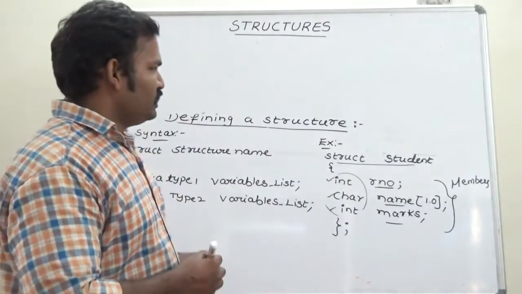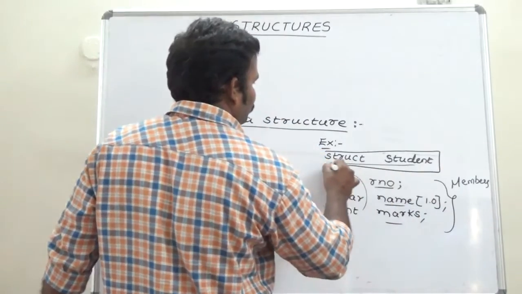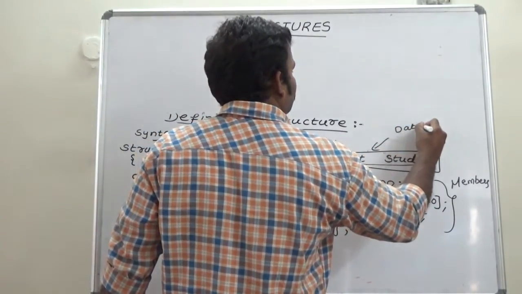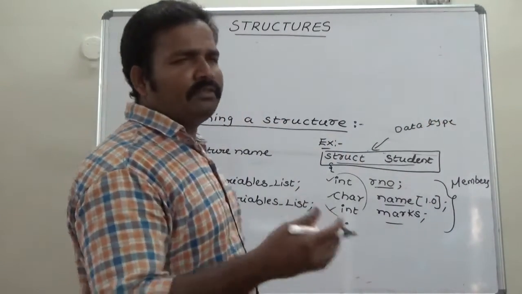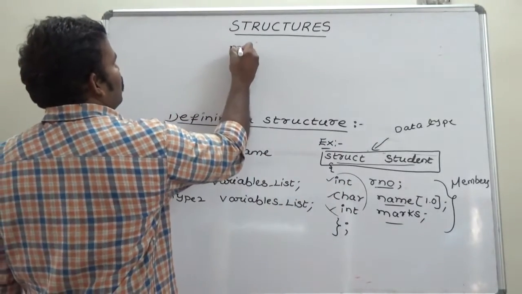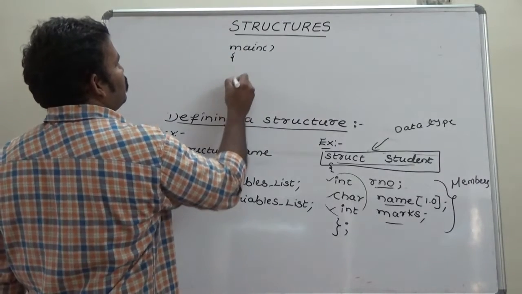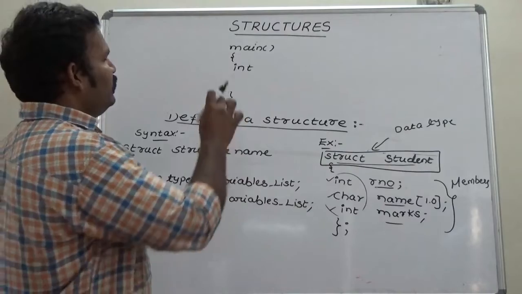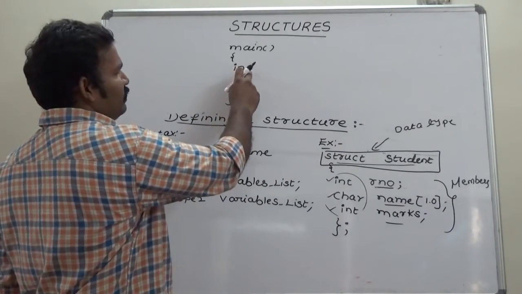Listen, struct student is a data type, same as int, float, double. Suppose in the main function I am writing one program and I write just a data type. Is there any meaning?